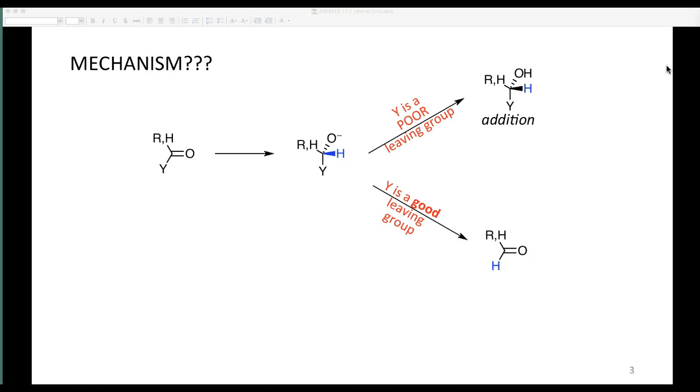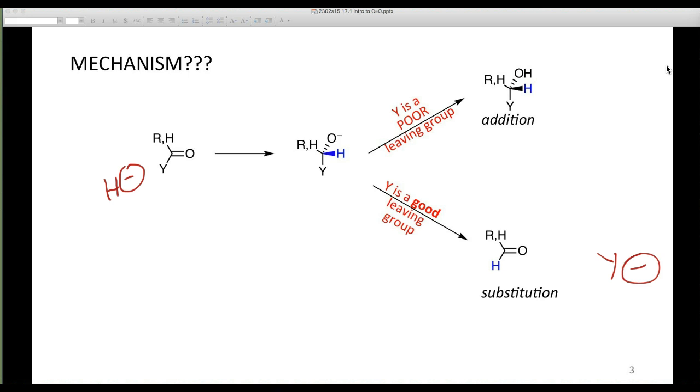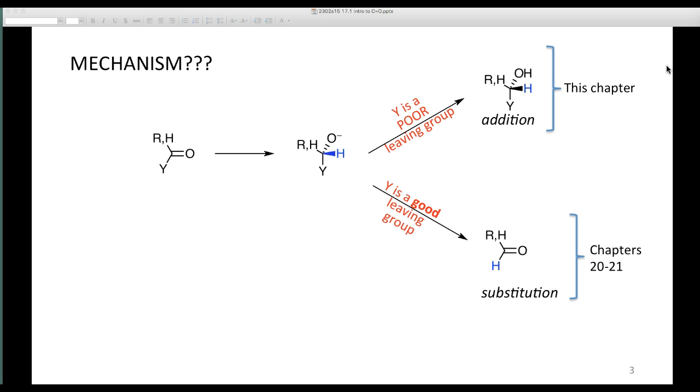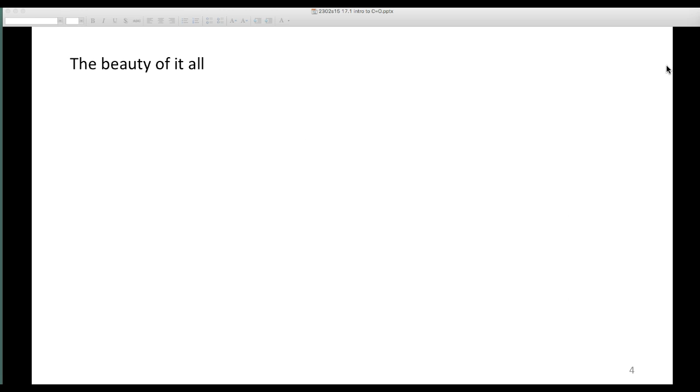In that case, this is a substitution reaction, where clearly I have substituted my H- here for my Y- here. That's pretty much everything you need to know for the next several chapters. And as you can see, it's just nucleophiles and electrophiles. All right, so this chapter, all about the addition reactions. Subsequent chapters, we'll be studying the substitution reactions.